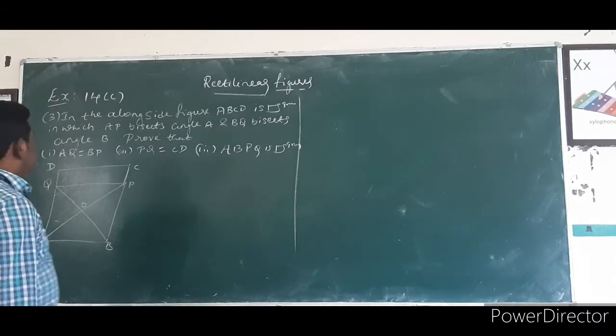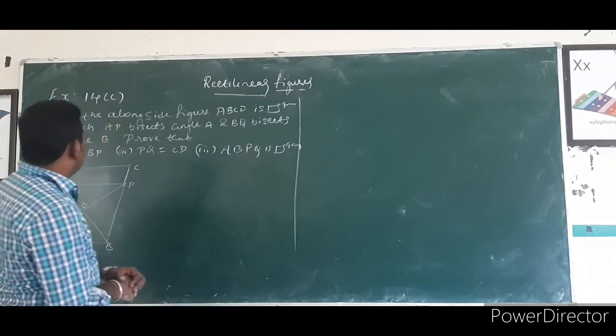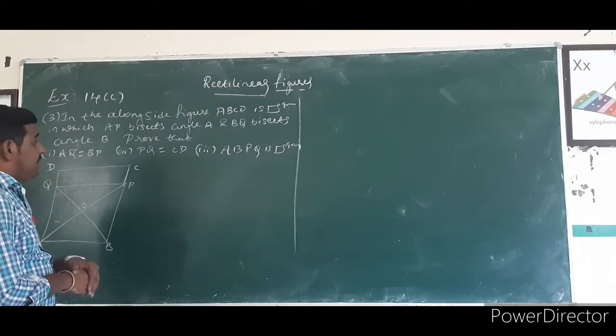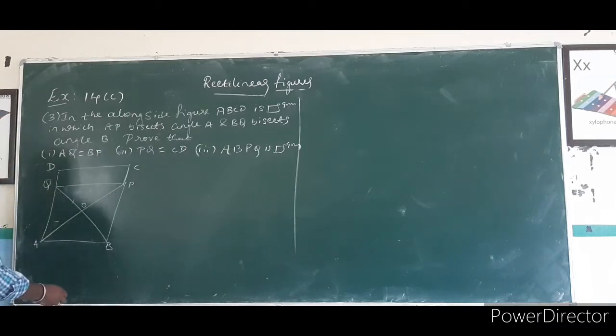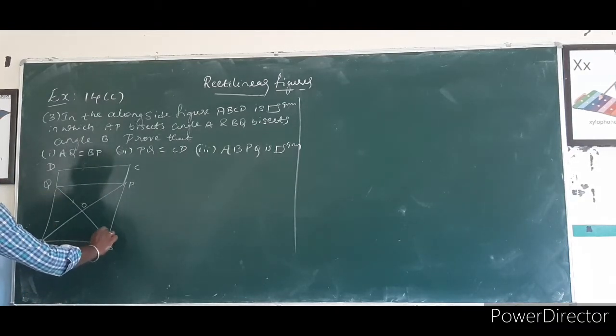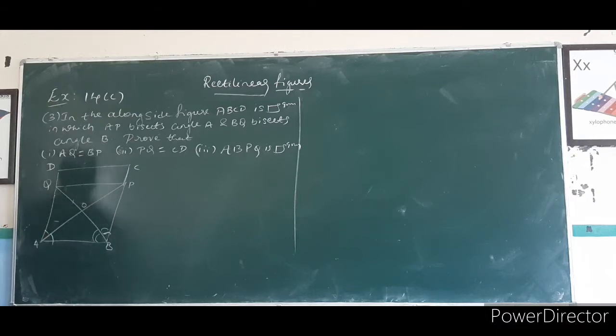Next problem. In the alongside figure, ABCD is a parallelogram in which AP bisects angle A and BQ bisects angle B. Prove that AQ is equal to BP, PQ is equal to CD, and ABPQ is a parallelogram.